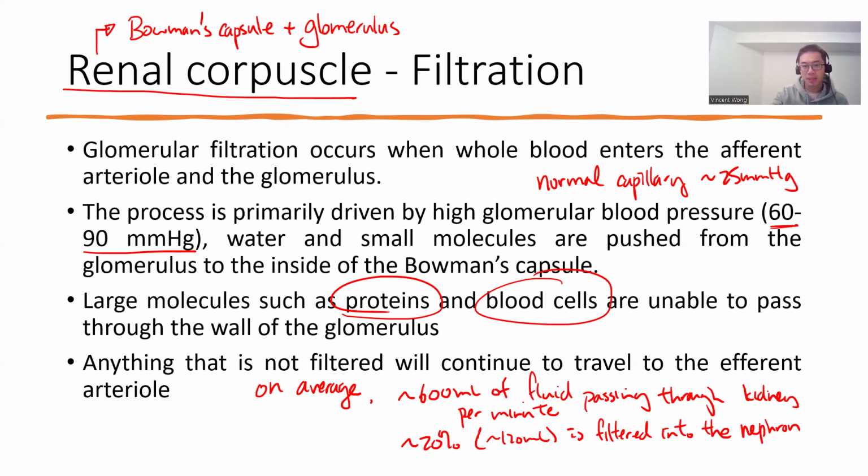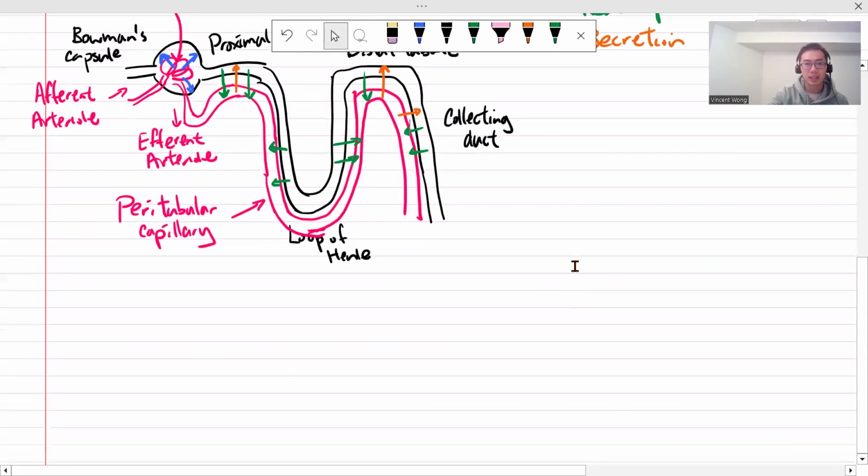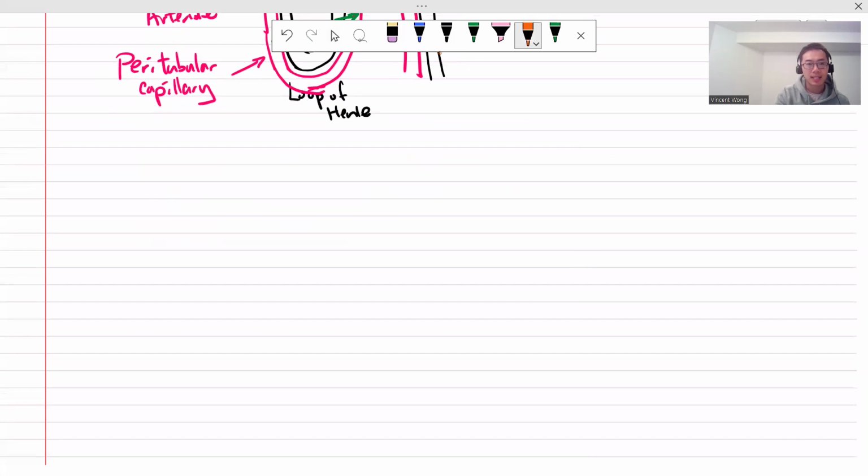Do you understand what I mean? Maybe I'll put it out in some numbers for you. Okay, so 600 milliliters is going to go into the glomerulus, basically, all of the glomeruli collectively, not individually, millions of them. And then you will have 120 that is filtered.